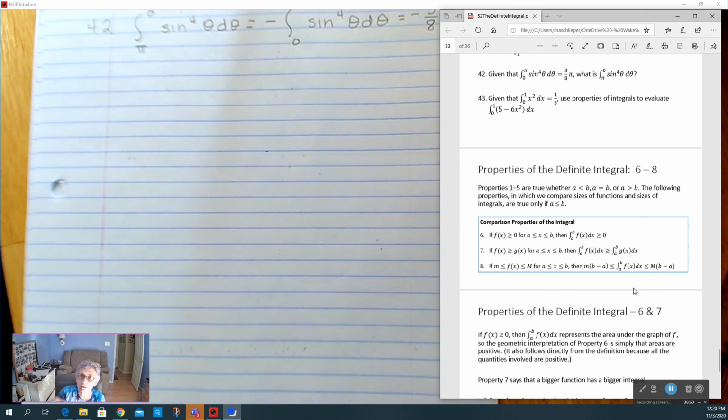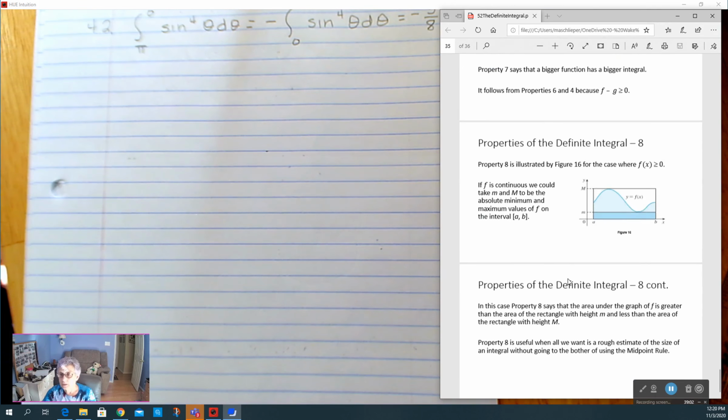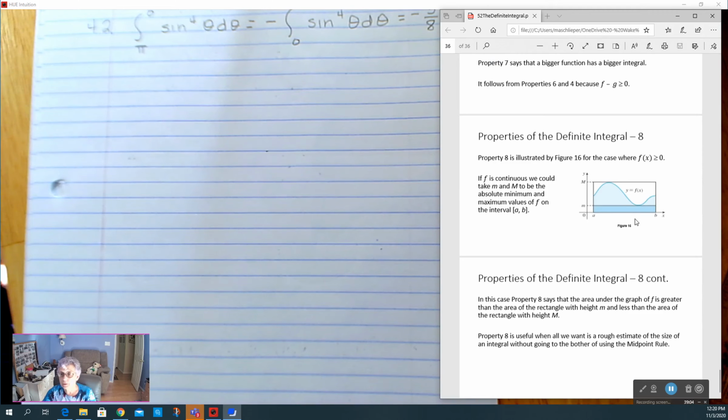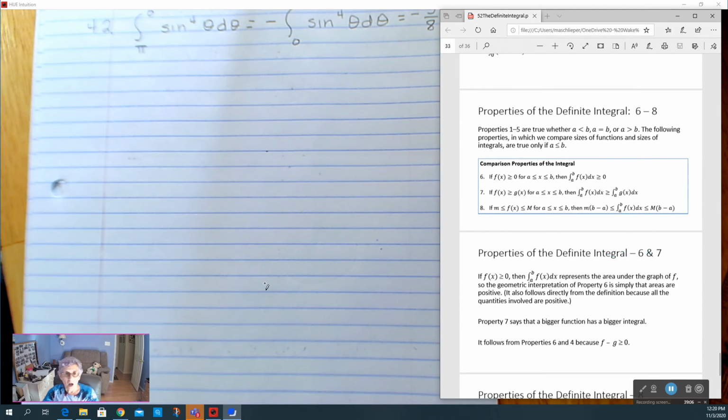If you have a number that is smaller than f or a number that is bigger than f, then they bound the integral. And this kind of goes through and shows you what those look like. But I'll finish this problem up and the answer will be there for you to check when you do your class notes. You have the knowledge that you need for WebAssign.